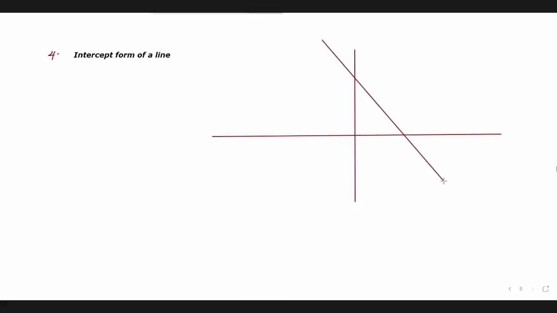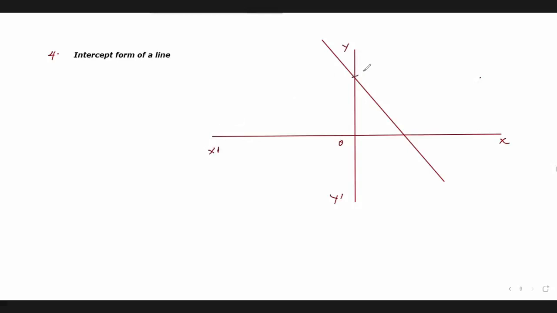So again the word intercept is coming, and I have already told you what an intercept is. So if we are having 2 axes, that is x and y, and a line is there which is cutting x and y at 2 different points, let us name them. This is y dash and this is x dash.